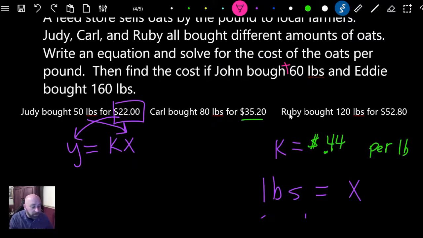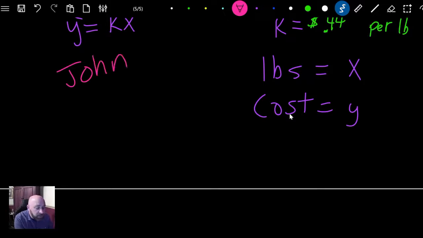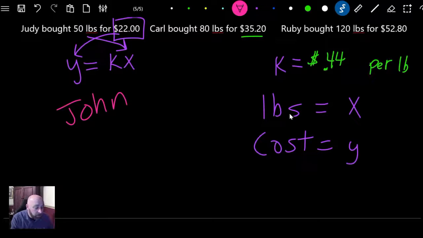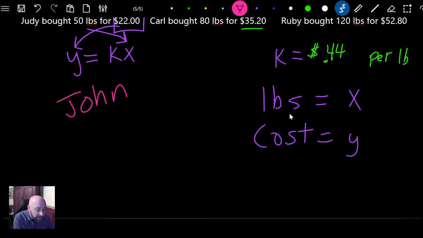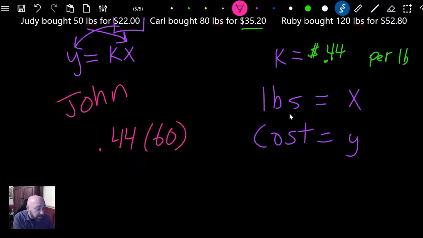So we need to find out John. He bought 60 pounds, so we know that his X is 60. And we know the direct variation, the K, is going to be 0.44 times 60. And that's going to give us our Y for John, or our cost for John.